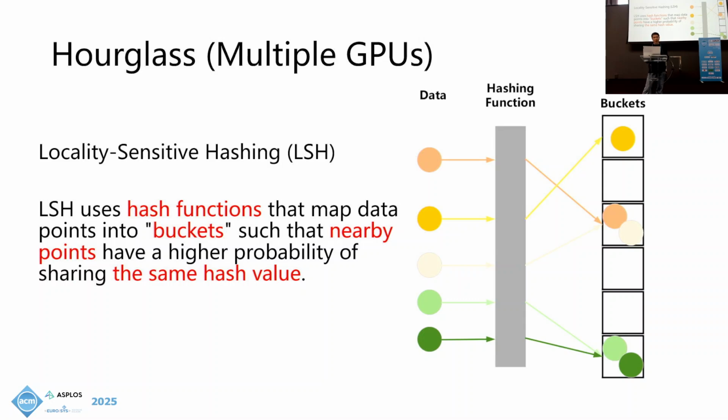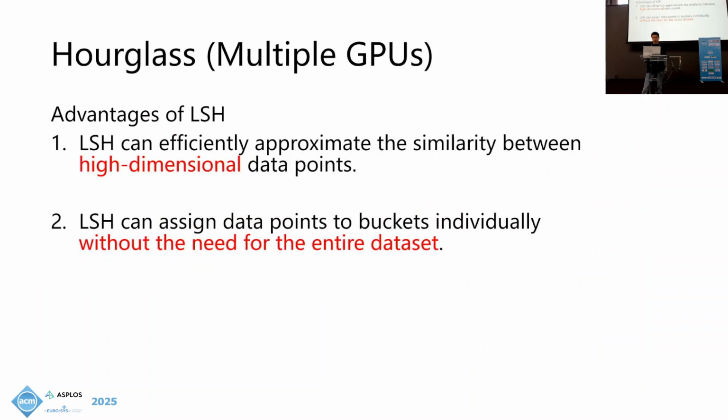The data goes through the hash function and goes into different hash buckets. The similar data will go to the same bucket. So in this case, we can use LSH to cluster the data into different groups.